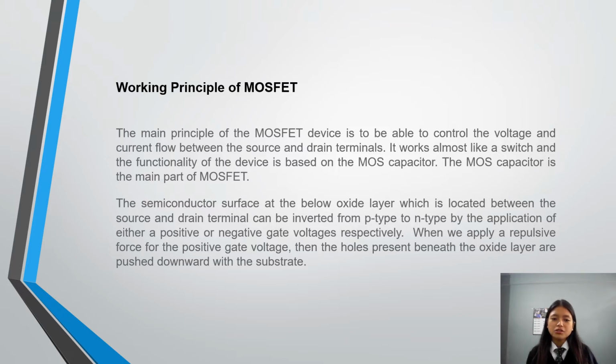The semiconductor surface below the oxide layer, which is located between the source and drain terminal, can be inverted from P-type to N-type by the application of either a positive or negative gate voltage respectively. When we apply a repulsive force with the positive gate voltage, then the holes present beneath the oxide layer are pushed downward into the substrate.